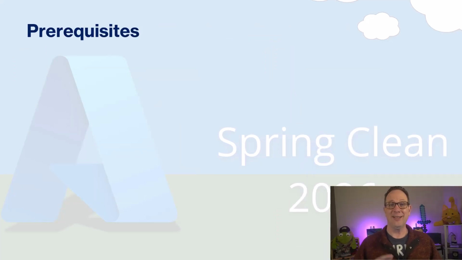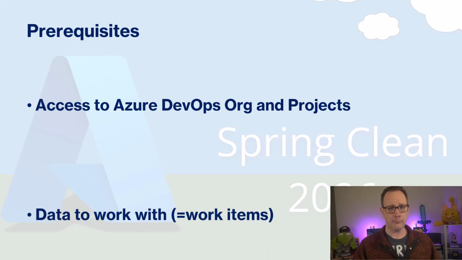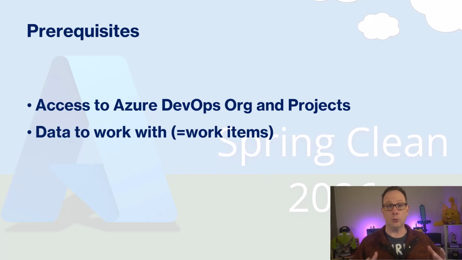Sounds easy enough, right? Now, let me emphasize a couple of technical prerequisites that you need to put in place before all this is working. Pretty obvious, you need access to an Azure DevOps organization and a project. There are different permission levels, but even read permissions, depending a bit on what you want to do, would be okay. I assume you have more than just read permissions. And then, no surprise, you need some data to work with.